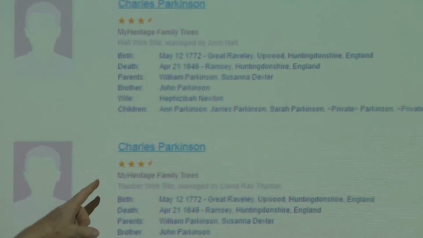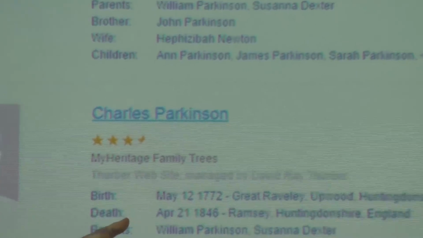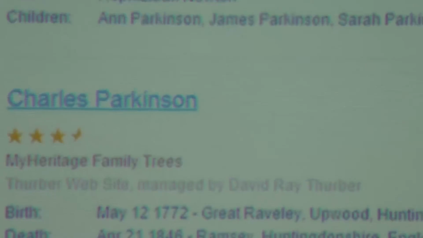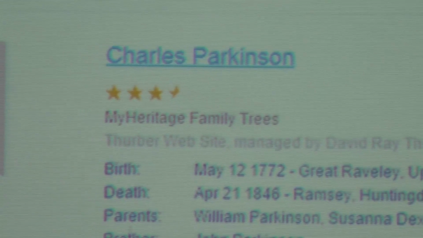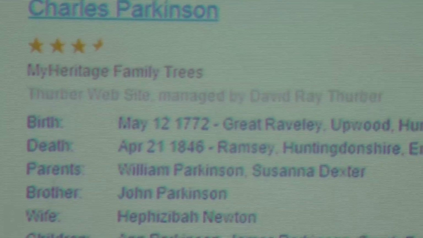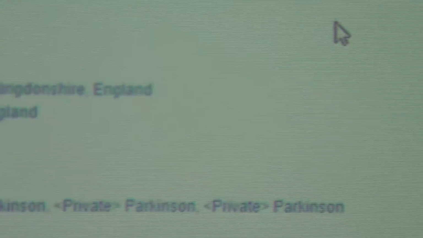But what you can see is this one, for example, it says the children, Anne, James, Sarah, private, and private. These people were from the 1700s, remember that. I don't know what they had to be private about back in 1700, but I doubt that we care about it now. Anne, James, Sarah, private, private on the next one.